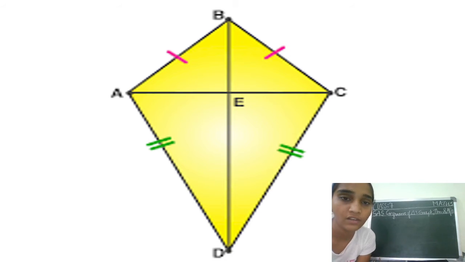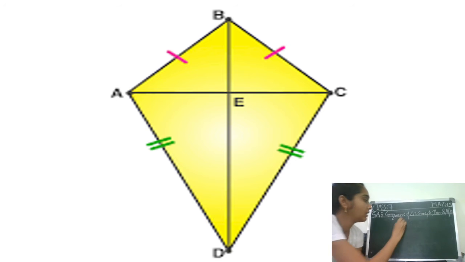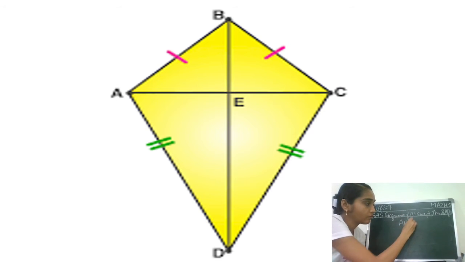Students, what do you observe on your screen? Yes, it looks like a kite. Are we seeing a few of the sides which are given equal in the triangles? Focus on ABD and DDC.